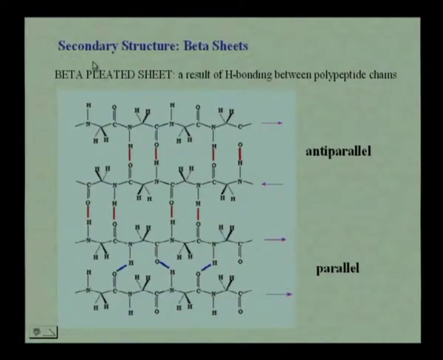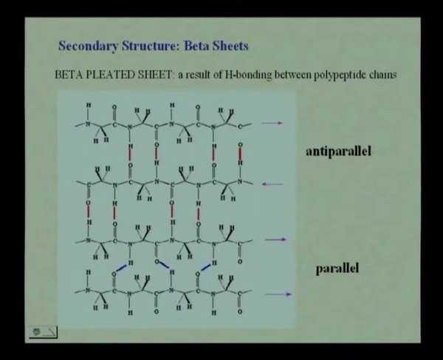Now, when we speak of secondary structure, there are two types of secondary structure that are important. They are the alpha helix and the beta sheet. Both of these have hydrogen bonds that associate them. Okay?